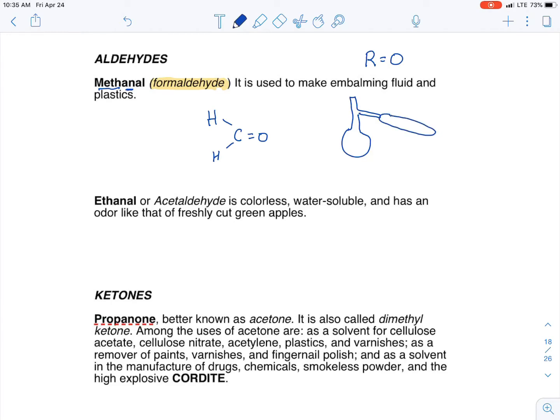But we have this little mechanism that looks like this, right? And what it is called a distillation flask. And so you'd have your mixture of, say, methanol, ethanol, and water.